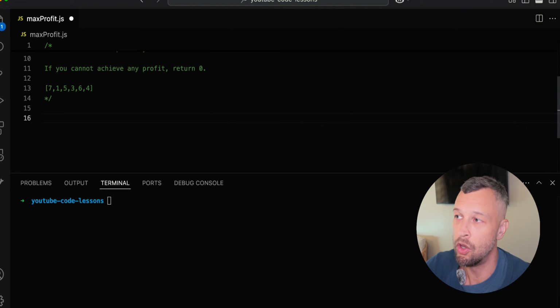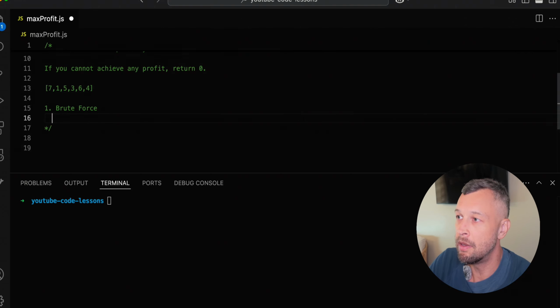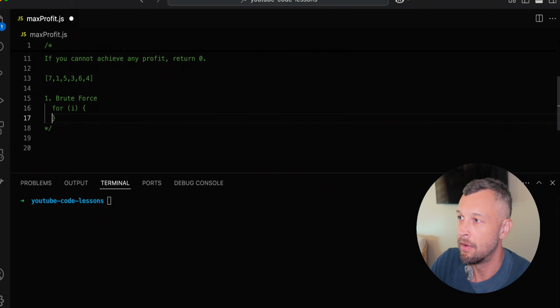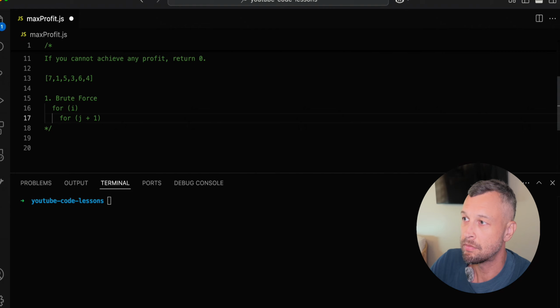There's 2 solutions we're going to look at. We're going to look first at brute force. So one solution would be brute force. And this would involve a for loop where we would loop. We can just say, writing some pseudocode, for j, we're going to say i+1 because we just want it to start the day after, or the second day.